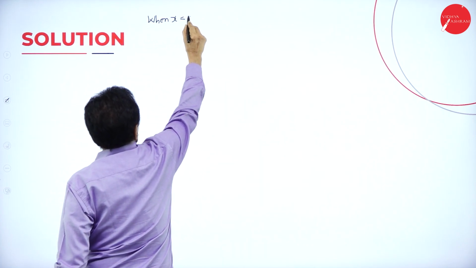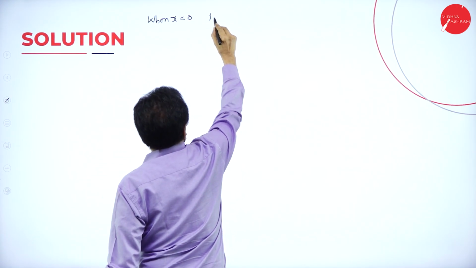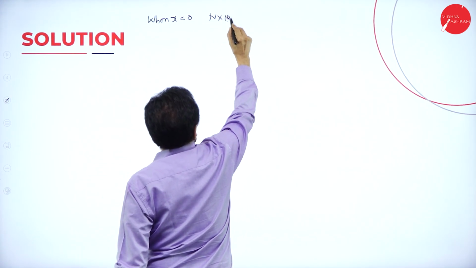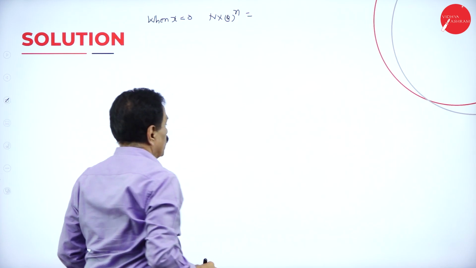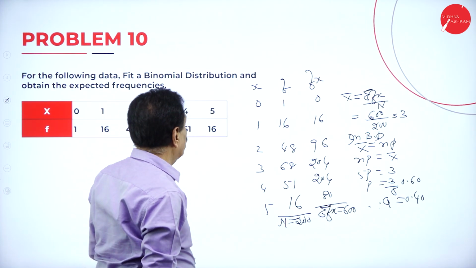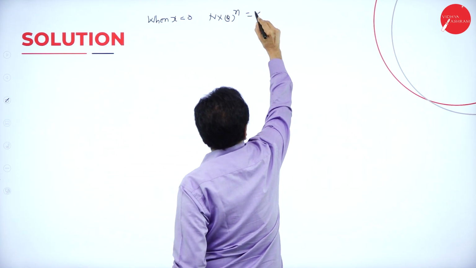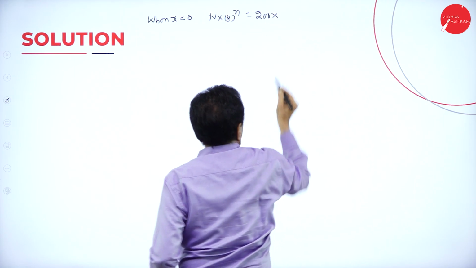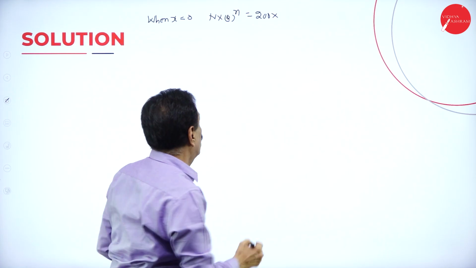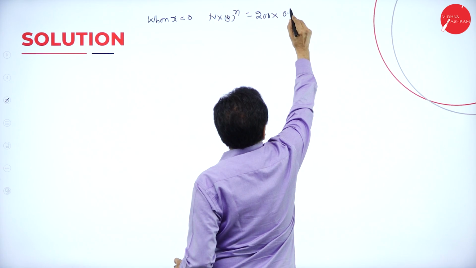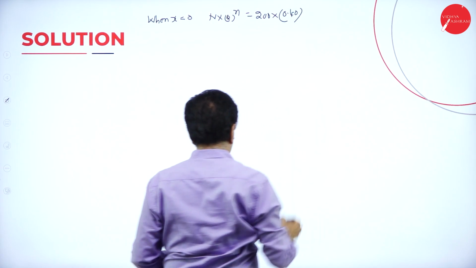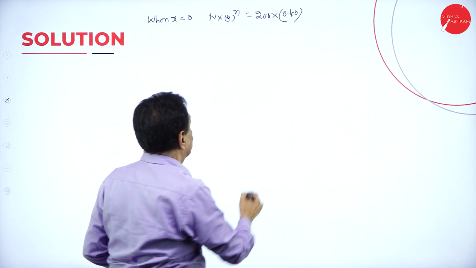X is equal to 0. Formula: n into q to the power of n. What's your n? Total frequency, 200. What's your q? 0.40, to the power of how many items are there? 5.